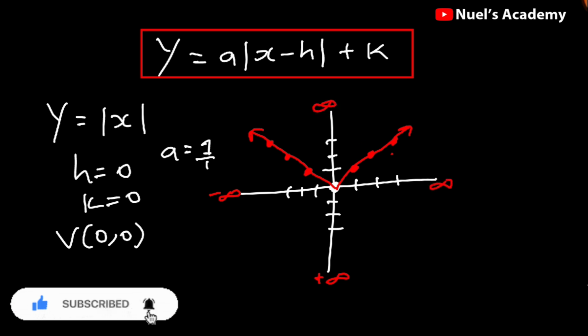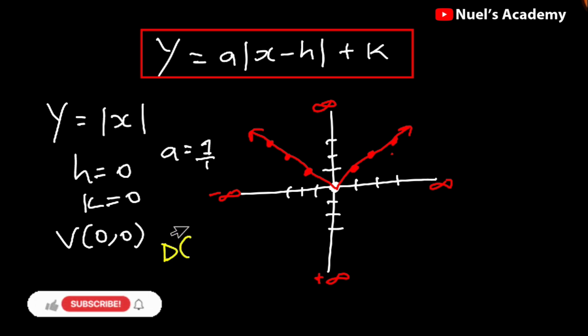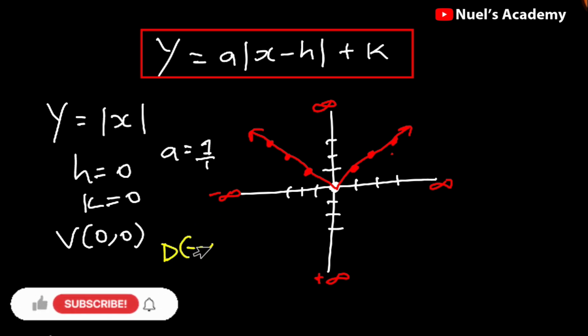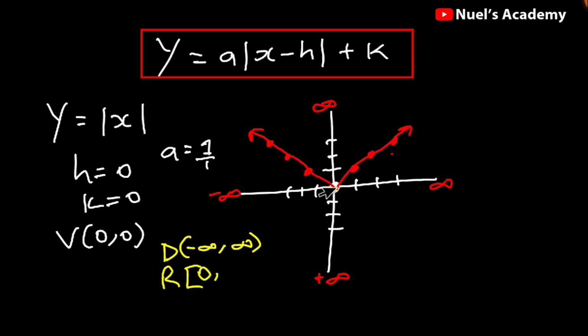Then what about the domain and range? The domain of all absolute value functions is from negative infinity to infinity. That's all real numbers. Then the range is from 0. The range of an absolute value function always starts from the vertex.